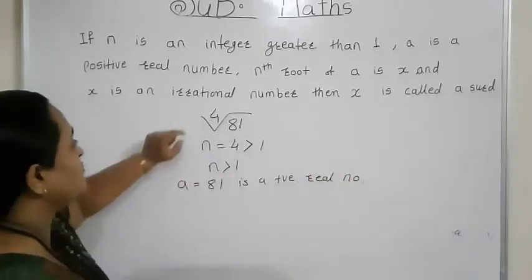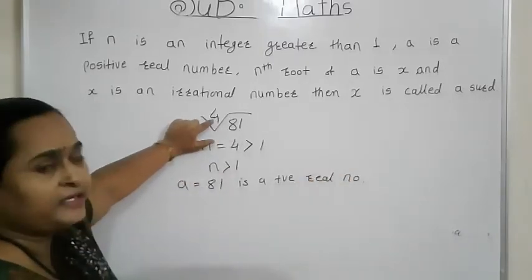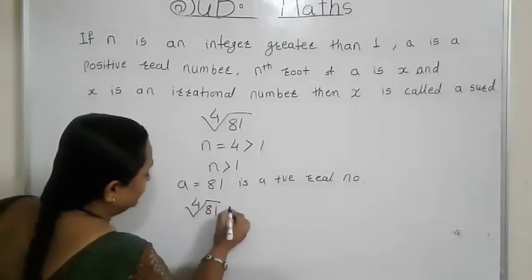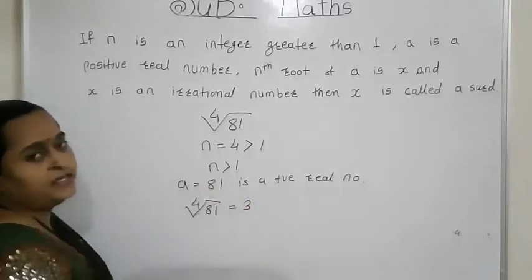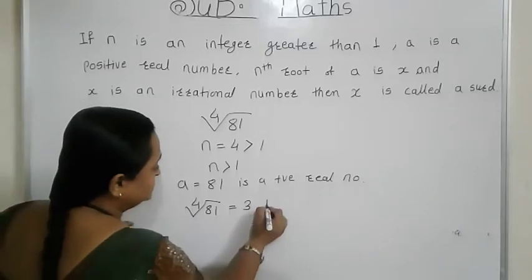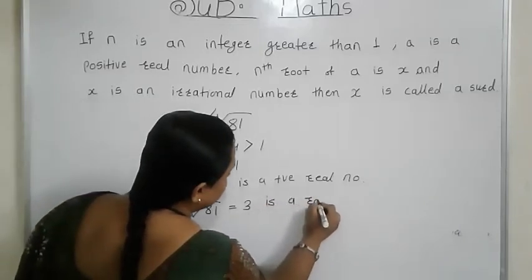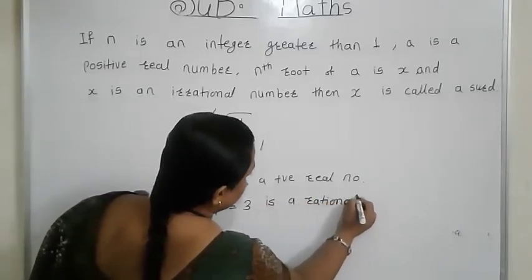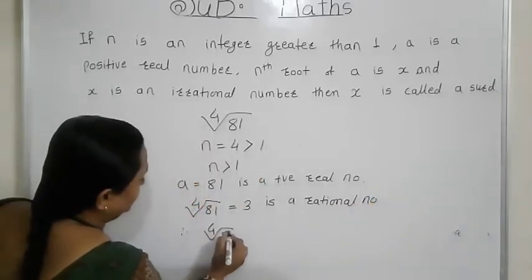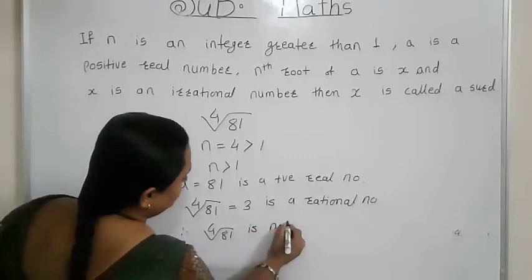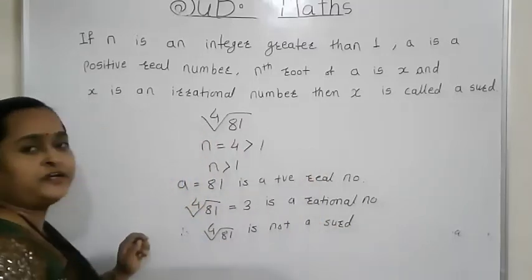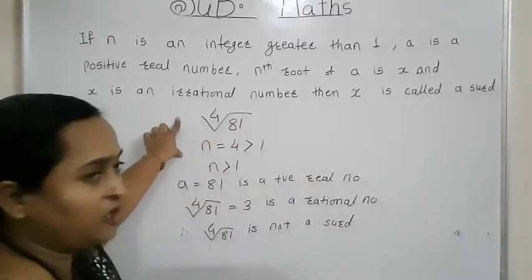The next condition is that fourth root 81 should be irrational. Now we will see the answer: fourth root 81 is 3. And 3 is not an irrational number, 3 is a rational number again. Therefore, fourth root 81 is not a surd. In this way we can identify whether the given number is a surd or not.